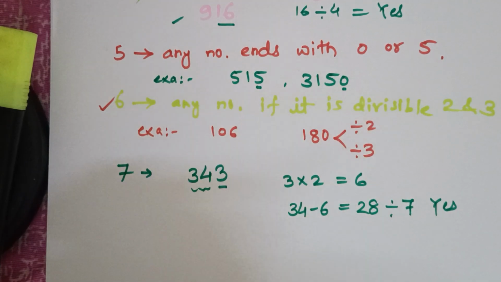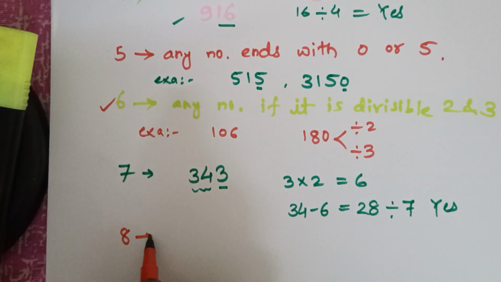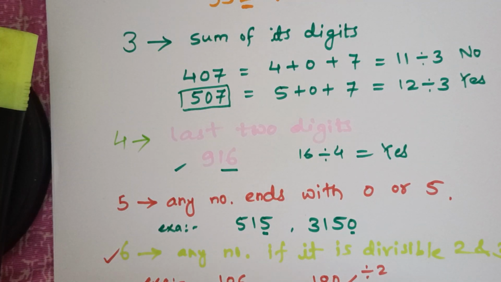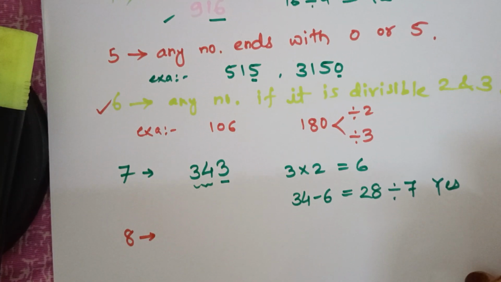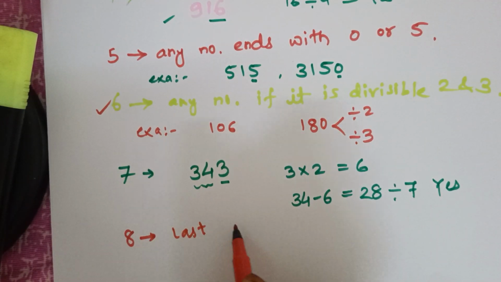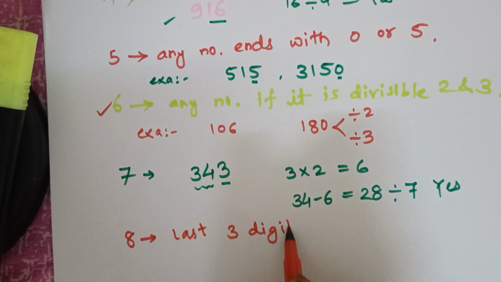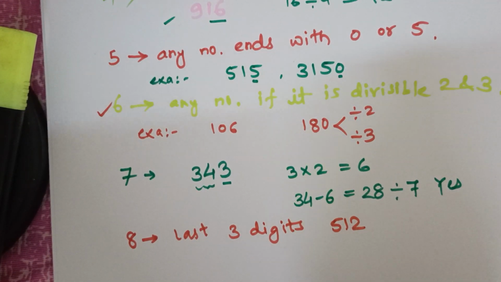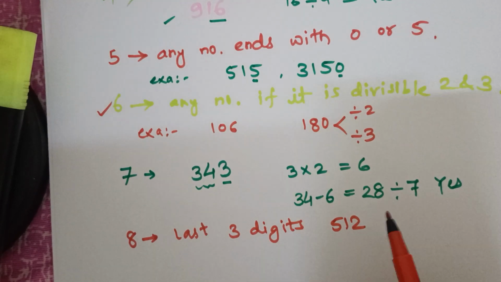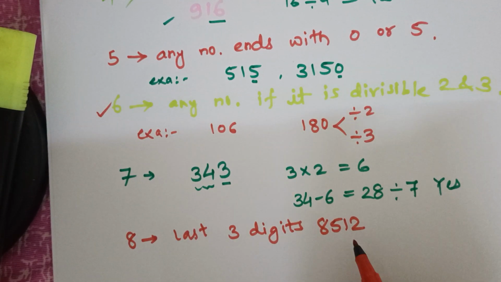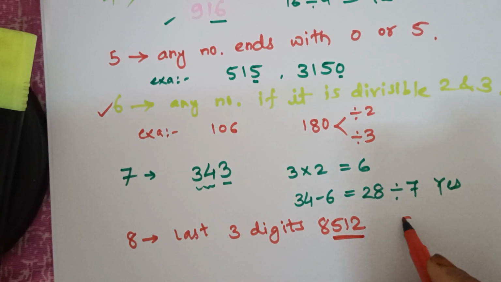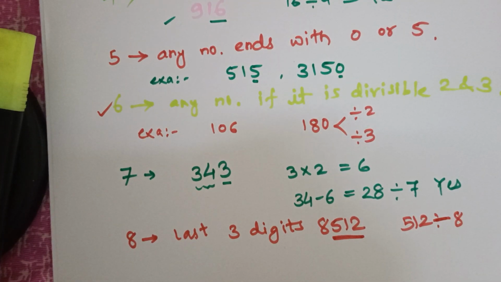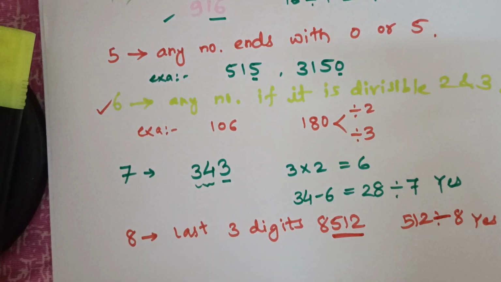Then, friends, the divisibility rule of 8. As we have seen in the divisibility rule of 4, we checked the last 2 digits. So here we check the last 3 digits. For example, my number is 512 or my number is 8512, so I'll take these last 3 digits. If they are divisible by 8, my complete number is also divisible by 8.